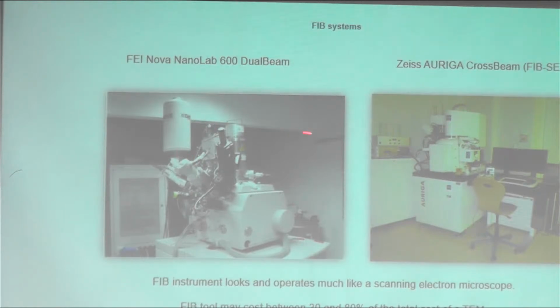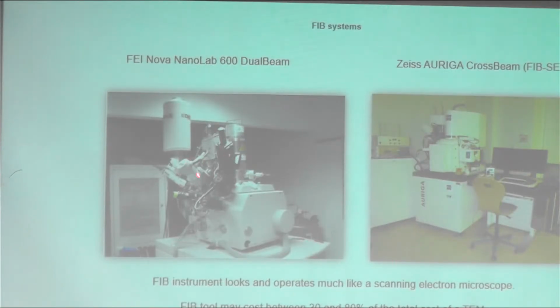So this actually looks like a usual, ordinary scanning electron microscope. This is a FIB system from FEI. The difference from the normal SEM is that instead of one column you have two columns.